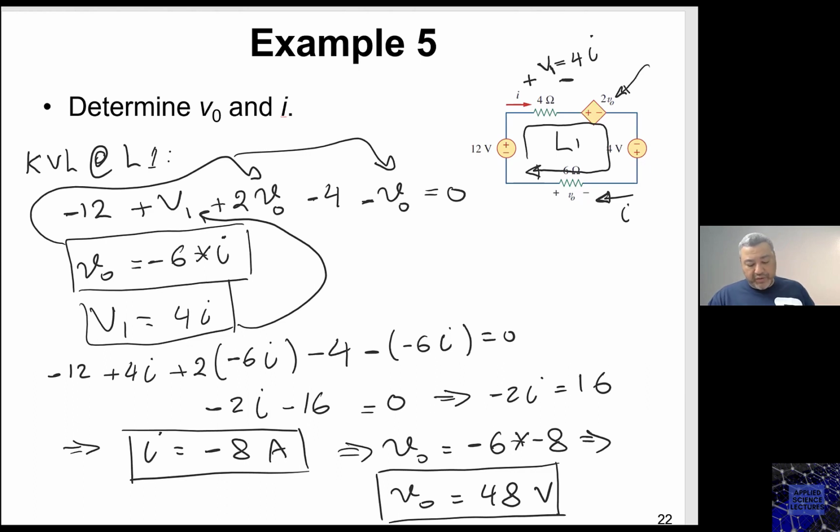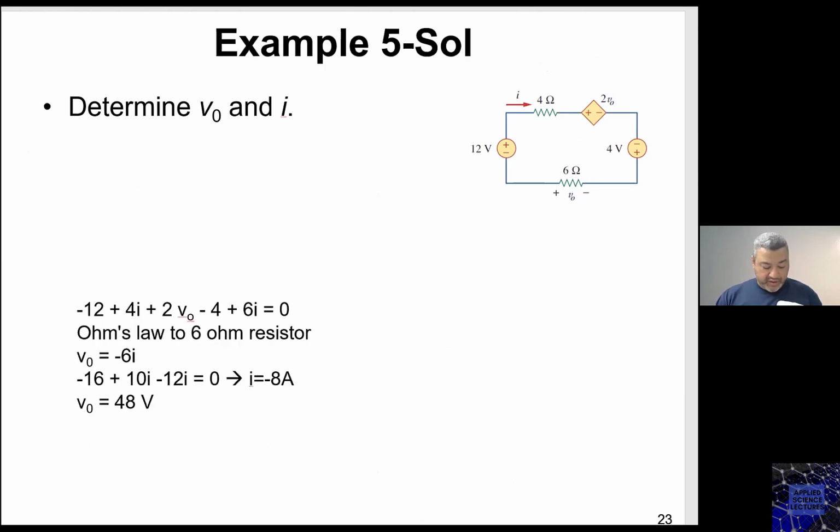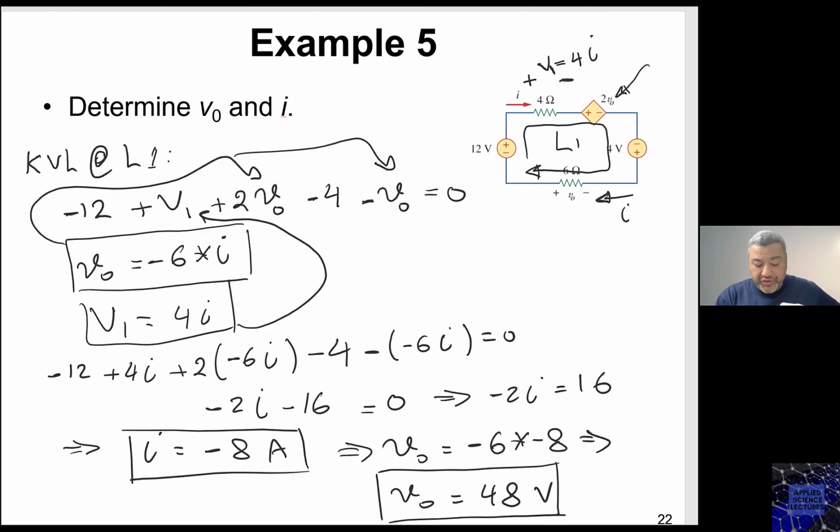So the current flows opposite to our assumption. Yes, that's correct. The direction of the current was given to me in this circuit, this way. It was assumed and dictated on me to be in this direction.